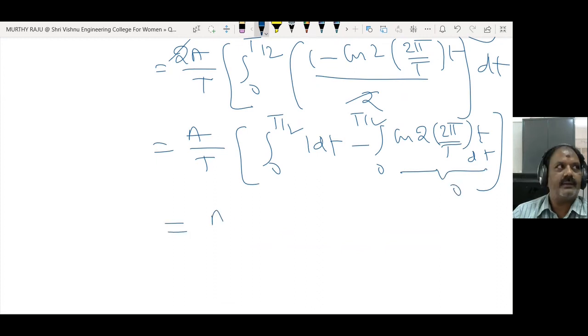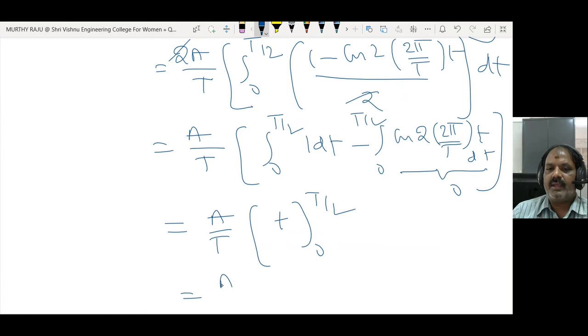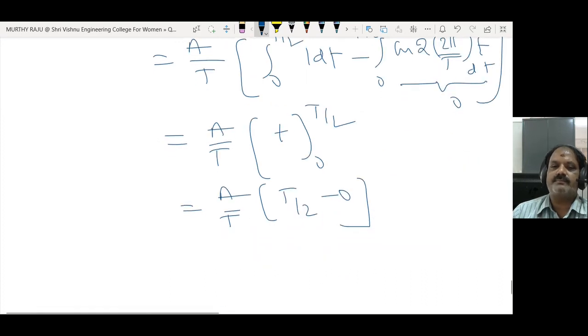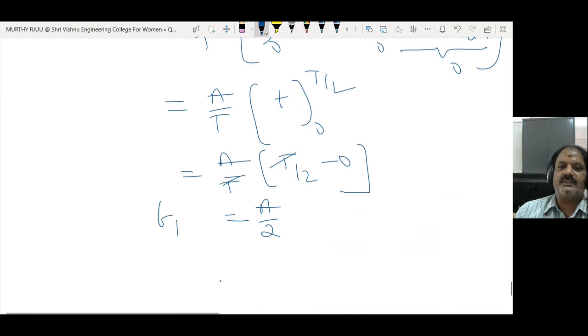A by T, the integral of 1 dt is t, from 0 to T by 2. Therefore, A by T into T by 2 minus 0, T cancels. Therefore, A by 2. Therefore, b1 value is A by 2.